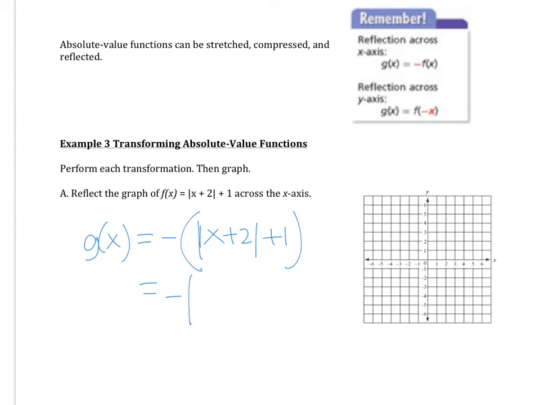So it would be the negative absolute value of x plus 2, minus 1. The vertex, here's your h, would be negative 2, your k would be 1. So go to negative 2, 1. And because it's negative, it's just going to open down instead of opening up.